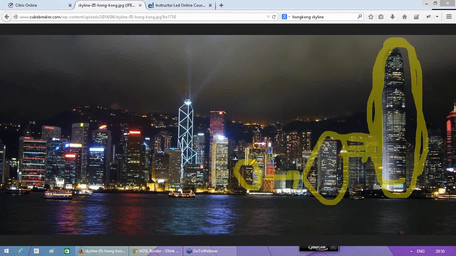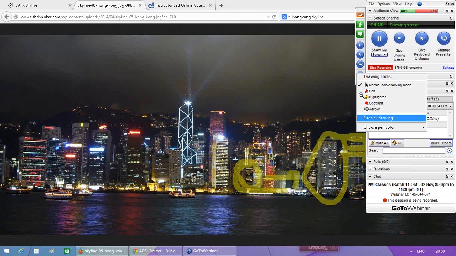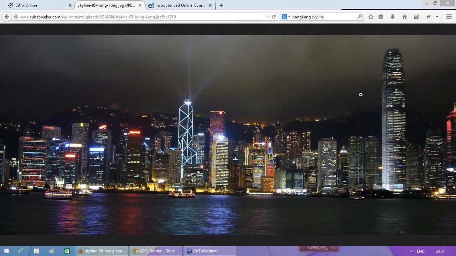And similarly here, I said this is 1/4 of this building's height. Clear? Yes. Okay. So these are the two terms you can just note down. There could be a question on absolute and relative as well.